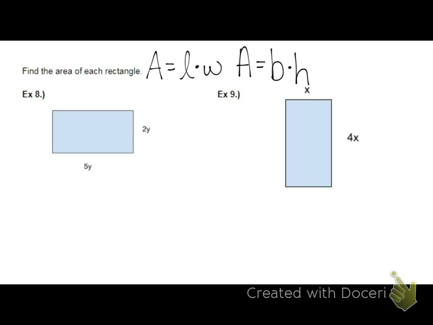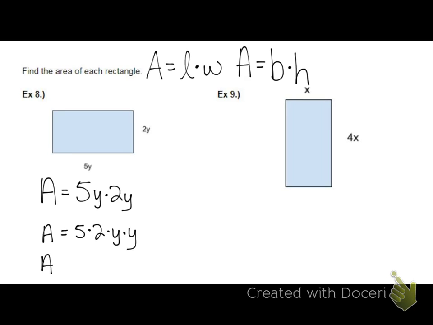So for number 8, the area would be represented by what times what? Careful. Good. 5y times 2y. And when we multiply those together, what do we end up with? 10y squared. Very good. So 5 times 2 times y times y. If we were to rearrange it, which is 10y squared. You don't have to write out this middle row that I wrote.